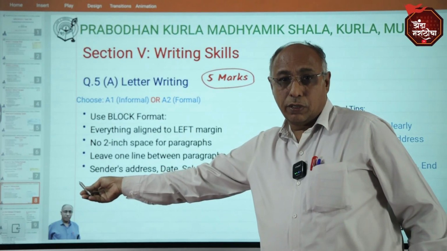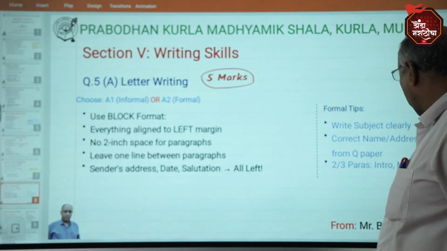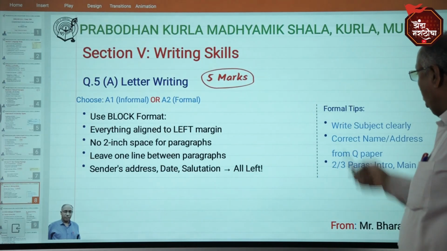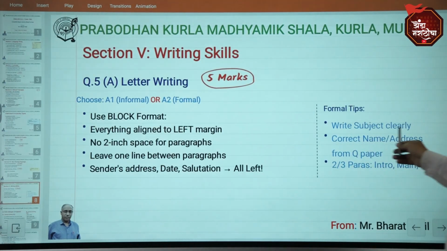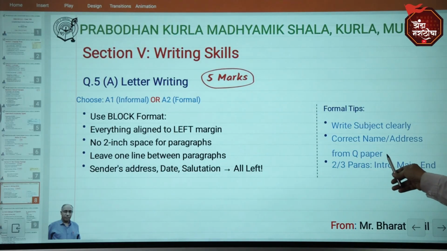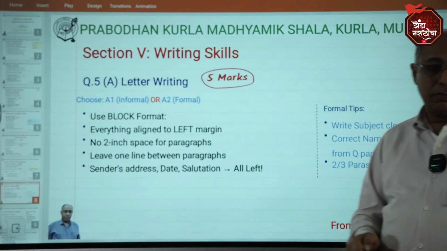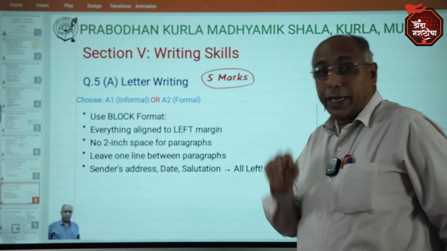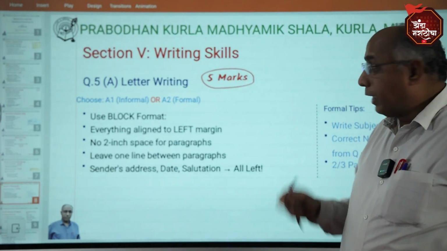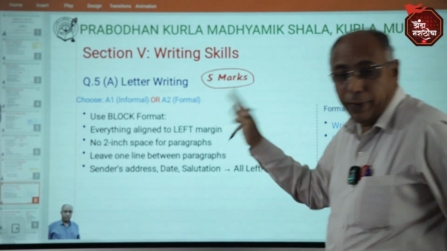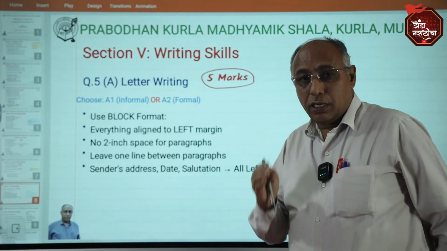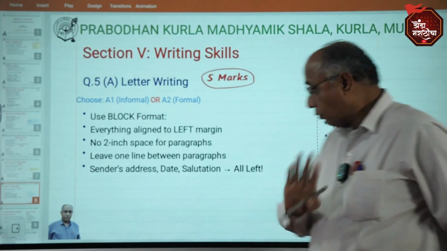Right now, formal tips are there. Write the subject clearly, and the correct name and address. From the question paper, 2 or 3 paragraphs are expected: intro, main and the end. In this way, your letter should be properly written in the format that you studied in your class.